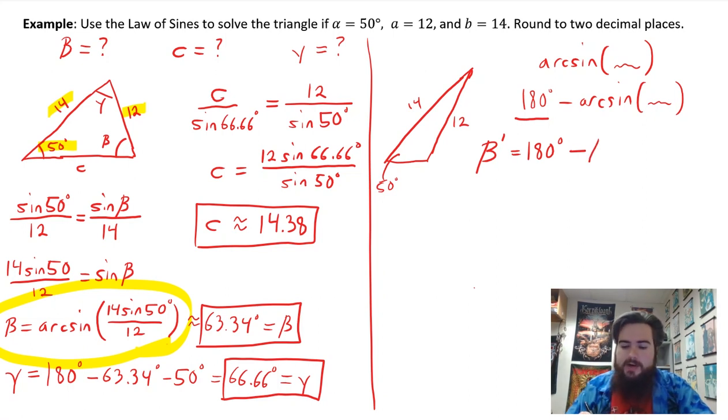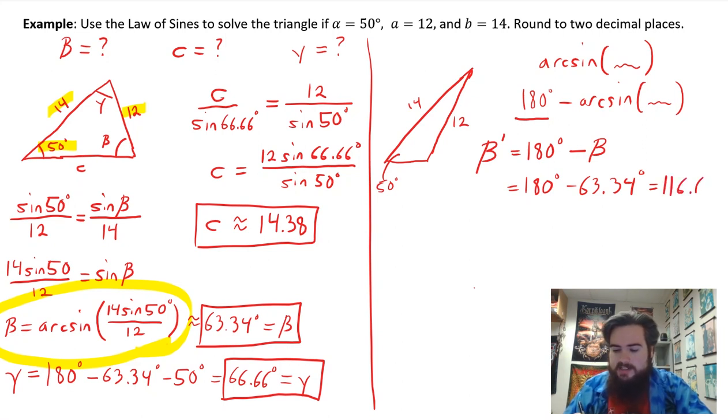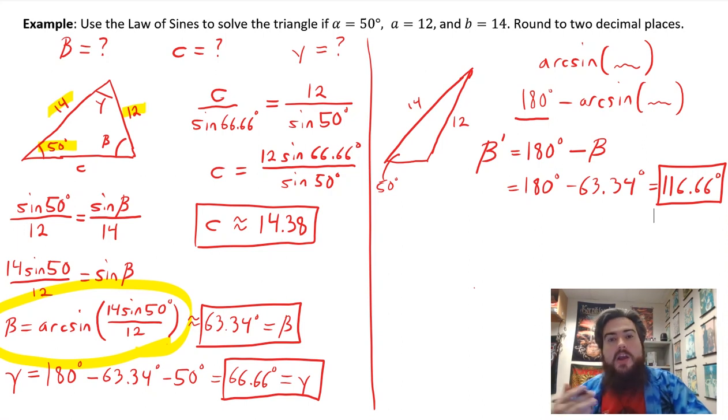So I'm going to subtract beta. That will be 180 degrees minus 63.34. If you do that, that will give you 116.66 degrees. That would be the value of beta prime. Another solution for beta.